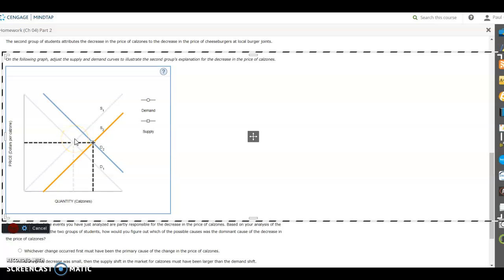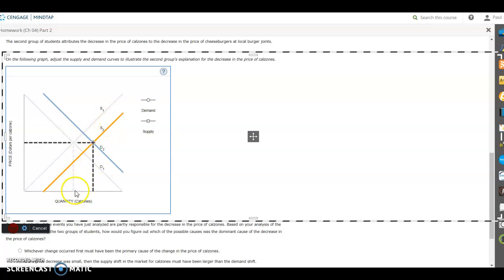So price would be ambiguous in this scenario, meaning you don't know what happens to it unless you know which shift is larger. For example, if you know that the demand shift was larger than the supply shift, then in this scenario you would know prices would go up. If you knew that the supply shift was larger than the demand shift, you would know that prices would go down. And if you know that they're the same size, the same magnitude of shifts, then you would know price would be the same.